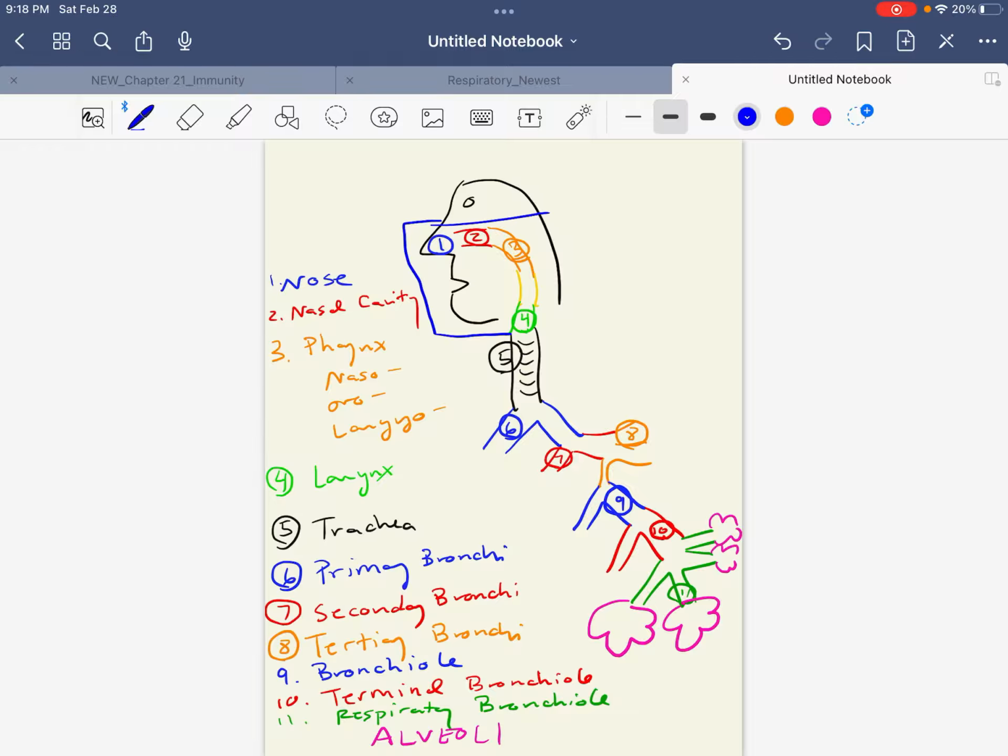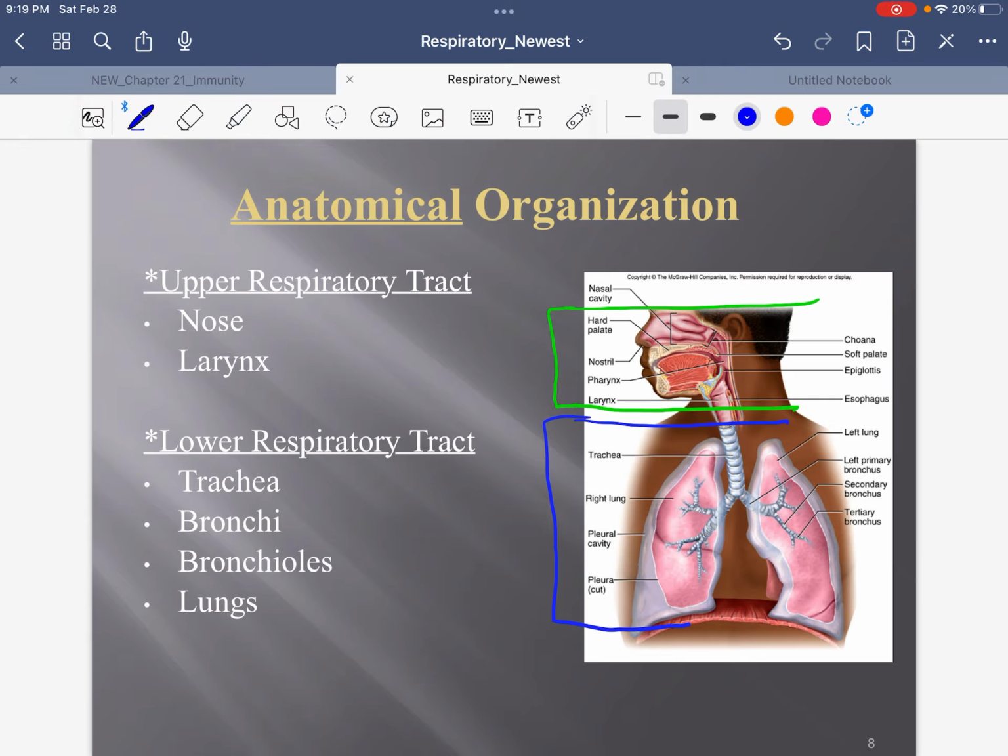Upper. This is the upper respiratory tract. And then the lower respiratory tract is the trachea down. So the upper is the nose, nasal cavity, pharynx, and larynx. Lower is the trachea down.